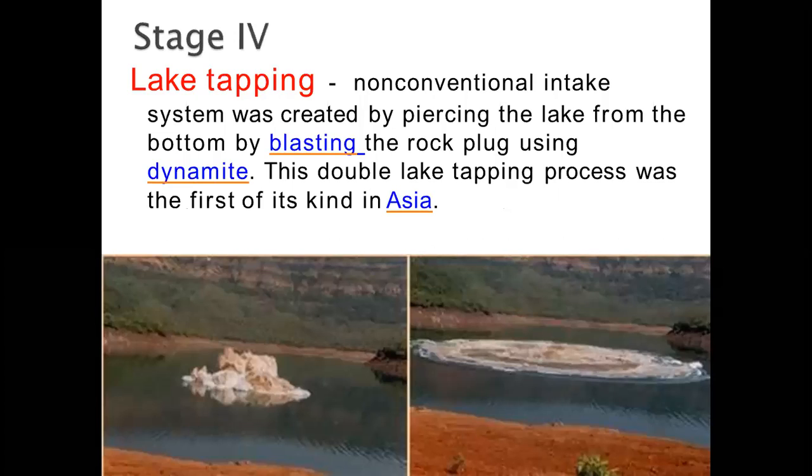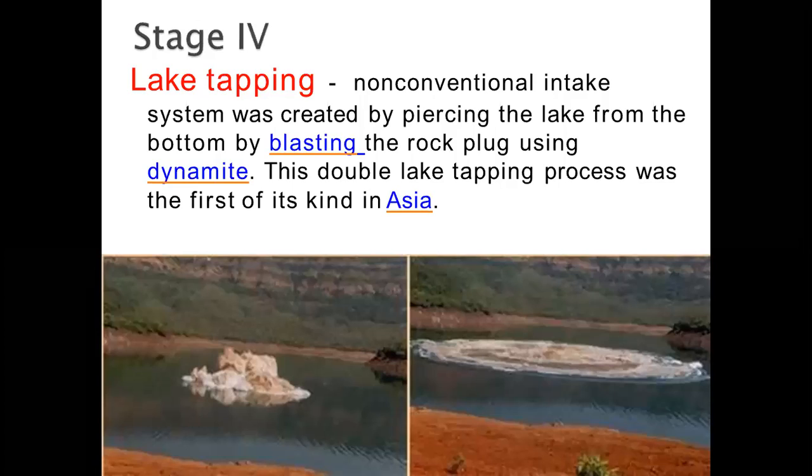Now a lake tapping project was also there, which is a unique project, the first of its kind in Asia. So what is this lake tapping? Lake tapping is nothing but blasting the reservoir at its center. The rocks are blasted to create a non-conventional intake, meaning the water will flow below the dam, and from an underground tunnel the water is carried over.